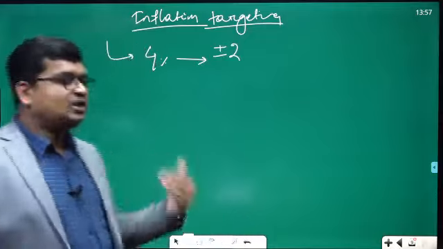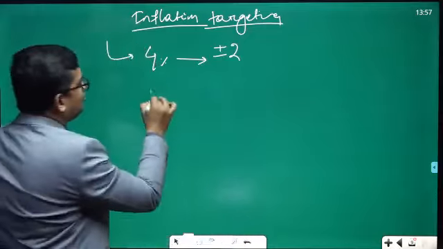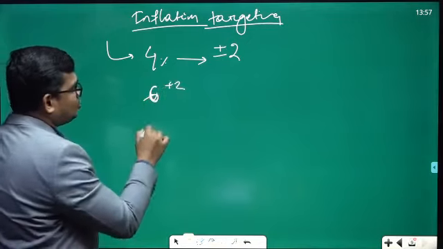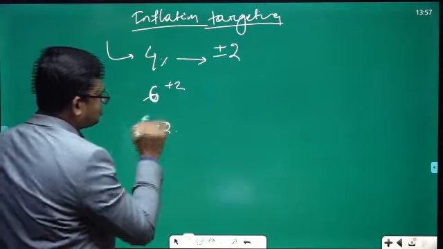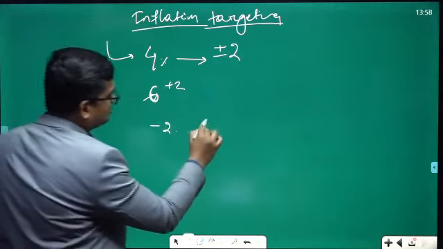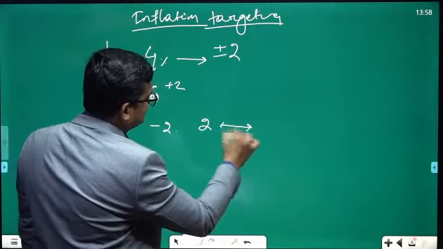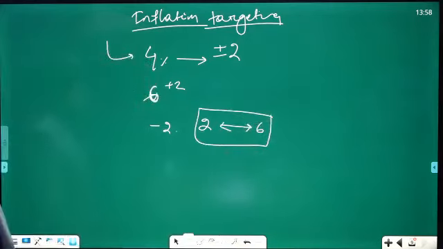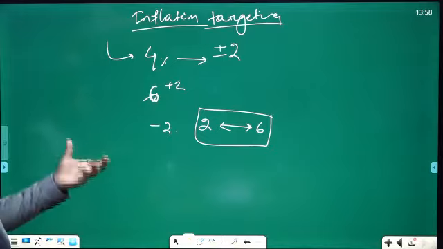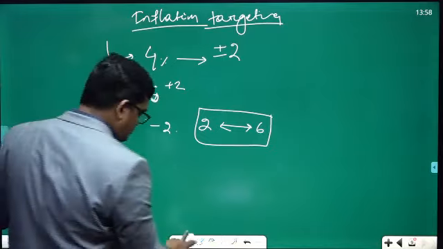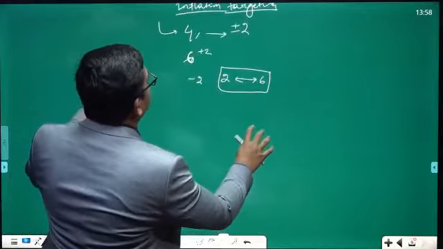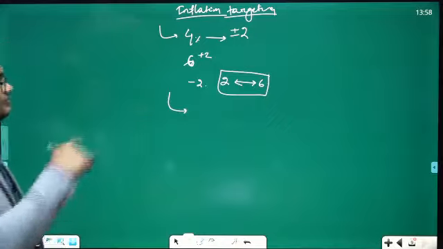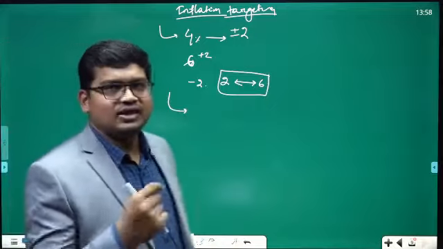That is, it could be 6% with the plus 2, it could be 2% with minus 2. So this is the range of inflation, 2 to 6%. This is the first highlight, or you can say first feature of inflation targeting.